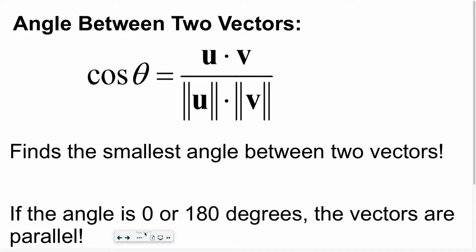This formula is for the angle between two vectors, which is different than the direction angle. The direction angle is for a single vector, related to the positive x-axis. So just like an angle in standard position from chapter 4.